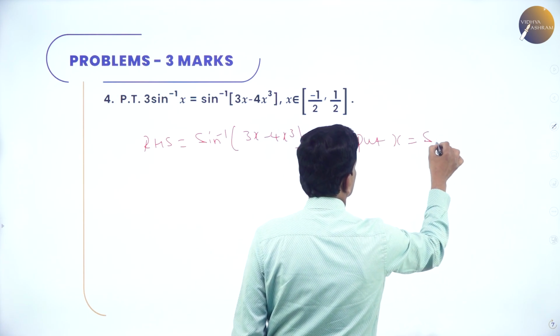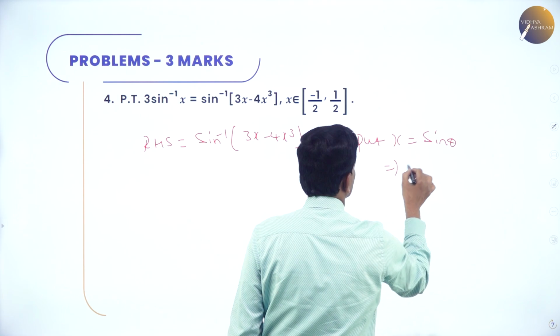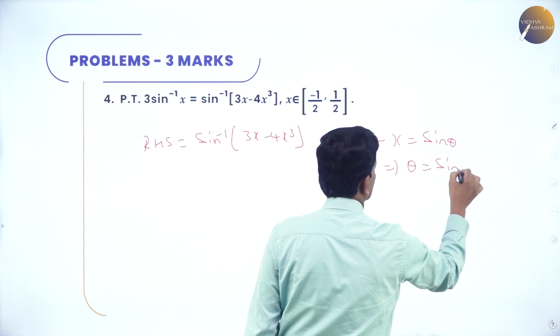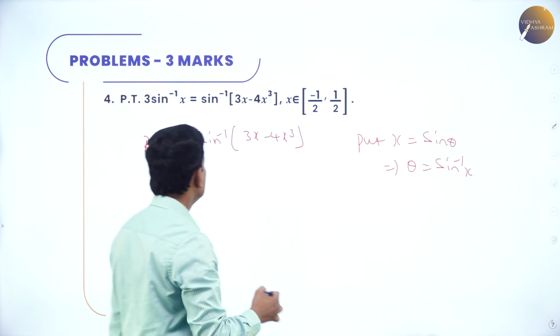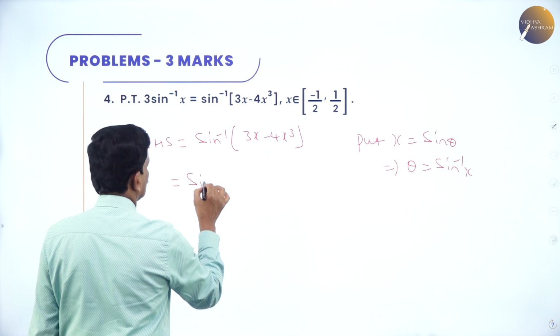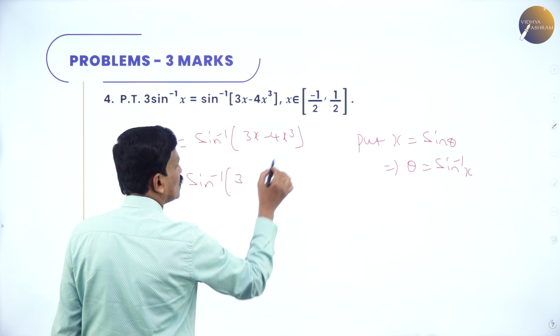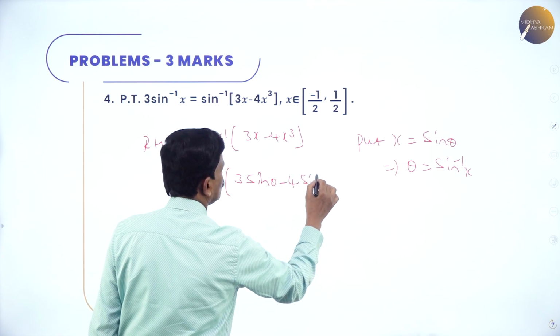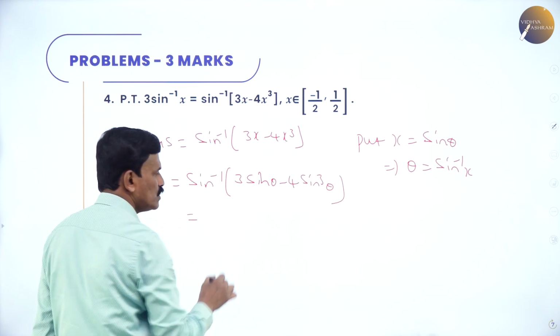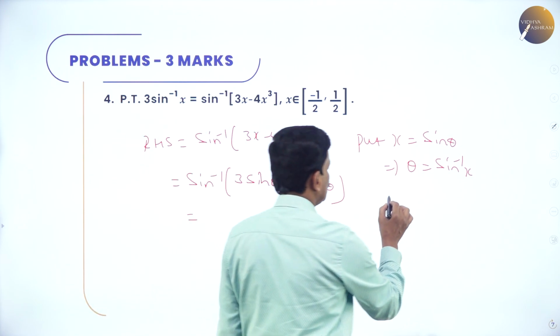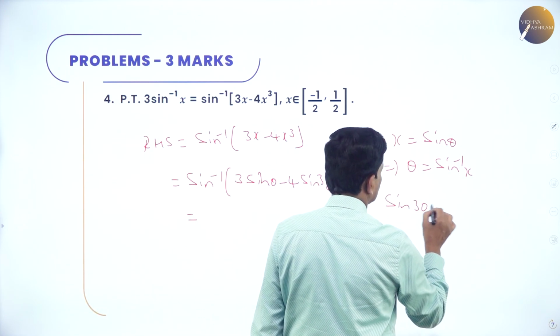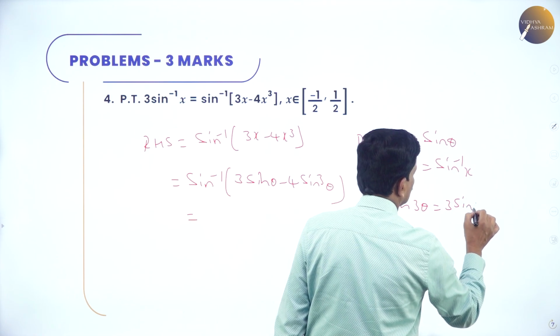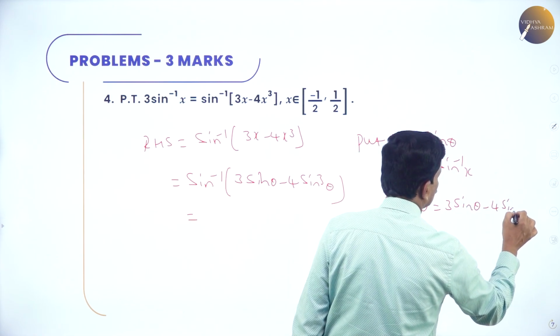Therefore put x is equal to sin theta, which implies theta is equal to sin inverse of x. Now this can be written as sin inverse 3 into what is x? x is equal to sin theta minus 4 sin cube theta. Now you might have studied one formula, that is sin 3 theta. Sin 3 theta is also equal to 3 sin theta minus 4 sin cube theta.